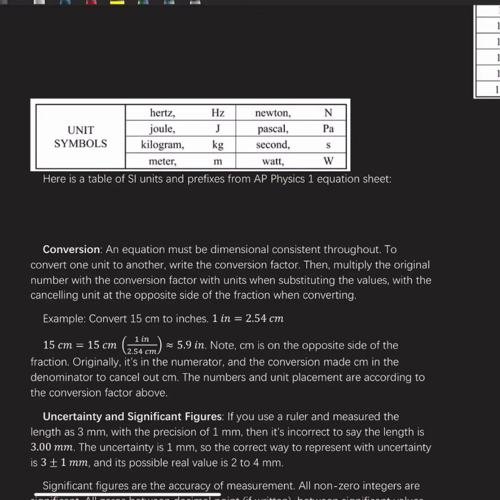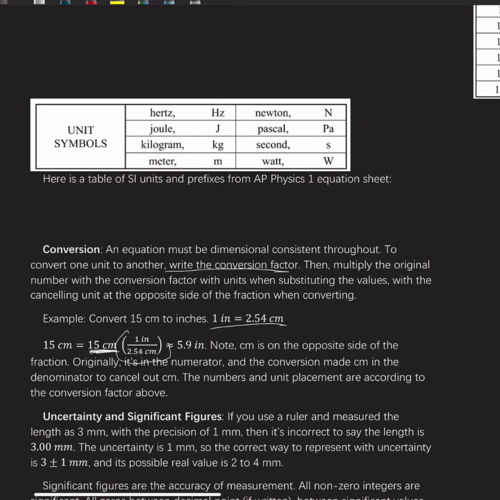So what does it mean? It means that first we need to write the conversion factor, such as 1 inch is equal to 2.54 centimeters. Then multiply the original number, right here, 15 centimeters, with the conversion factor, with units when substituting the value.